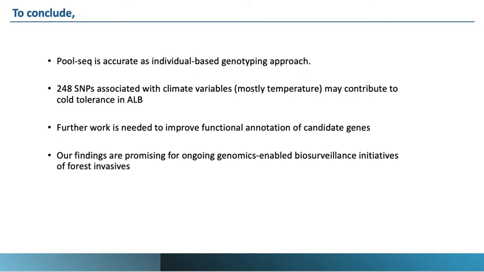And with this sequencing approach plus the computational methods, we identified 248 promising candidates. Although the functional annotation of the candidates needs to be improved in order to better understand our candidate genes, hopefully our findings will be helpful for the ongoing genomics-enabled biosurveillance tools development.